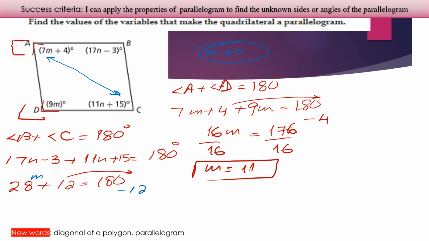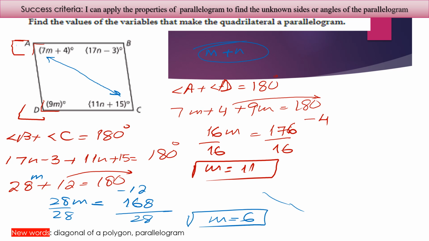So 28n equals to 180 minus 12 gives you 168. And now divide both sides by 28. You will get n equals to 6. So this is how we find out the answer.